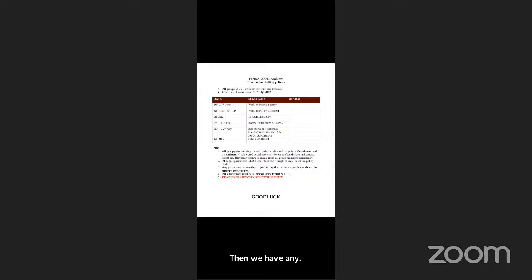Okay, so if you notice, there was something that was added here. On 5th July, that's when you're supposed to make your first submission. So from 20th to 27th, you work on your position paper. From 28th to 5th July, you work on the policy statement. Then you submit it on 5th July back to the Small Working Group for internal inputs.